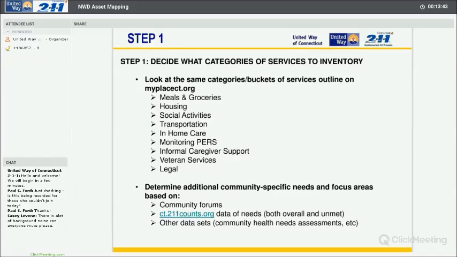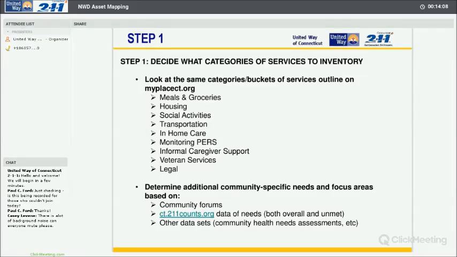Those might come out of community forums that you've already had or are planning to have, where particular issue areas or needs come up that are not reflected in the categories on MyPlaceCT. It might also come from looking at some of the community need data that's available on 211 Counts.